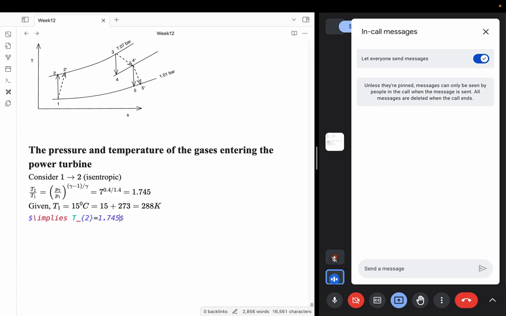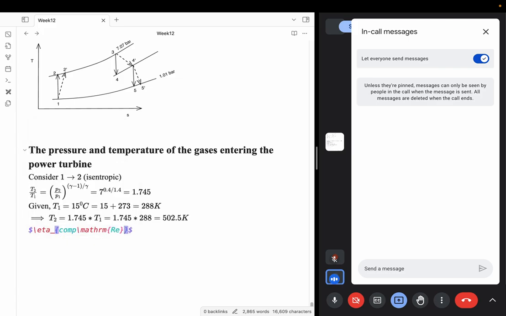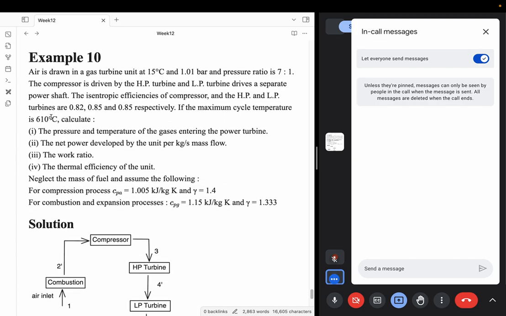That is around 502.5 Kelvin. Now I know what T2 is. Now how do I calculate T2 prime? That is where your compressor efficiency comes in. The efficiency of the compressor is given as 0.82.